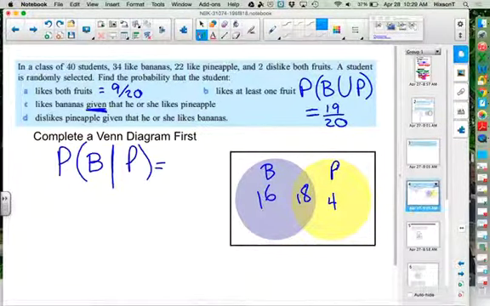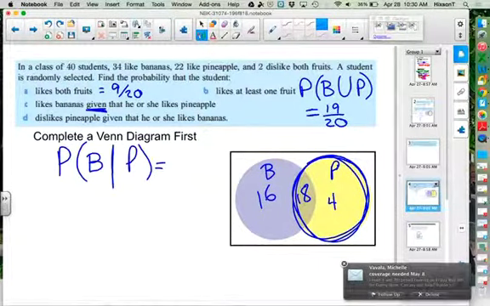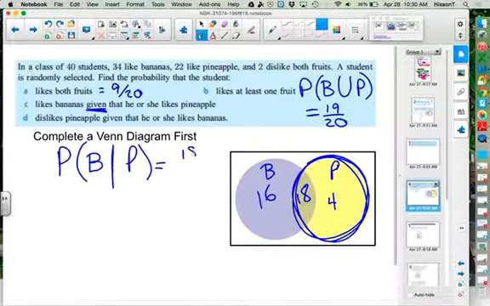It's kind of easy because when we say given that we like pineapple, we're limiting ourselves just to these 22 people. And what we're saying then is, if I'm only dealing with these 22 people, what's the probability that they like bananas? 18 out of 22.